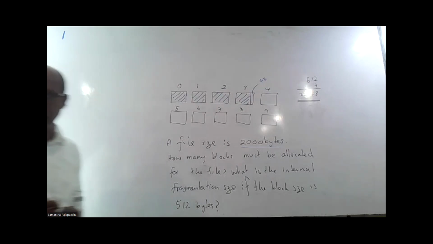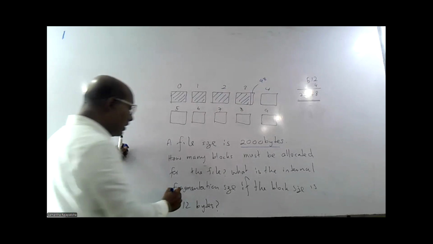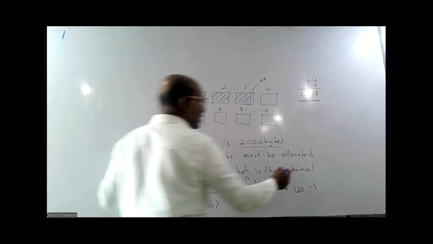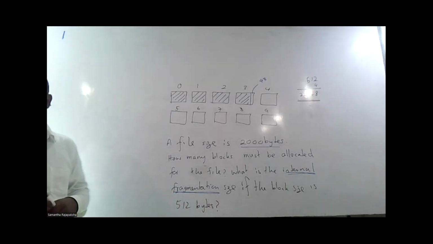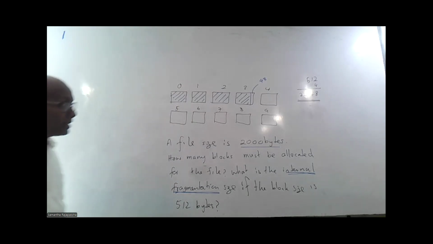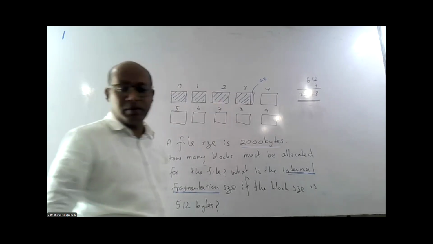It is additional. That is what we call internal fragmentation. Is that clear? Yes, sir. That is the additional part which is remaining, which cannot be used by anyone, which is a waste actually, which we call internal fragmentation.